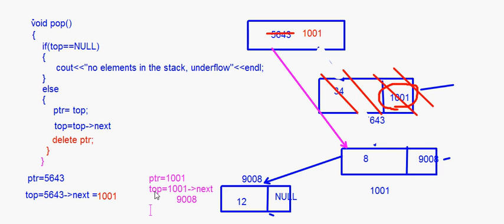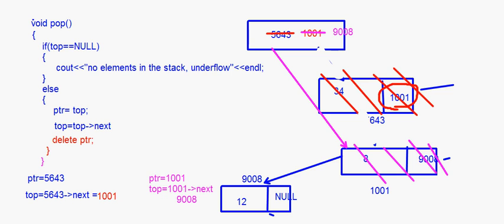Okay, and then we say delete PTR. So basically now the next time when I do it, top becomes equal to 9008. Fine. And this delete PTR, PTR is 1001. So basically this node is also deleted, right? And now again the links are redefined.